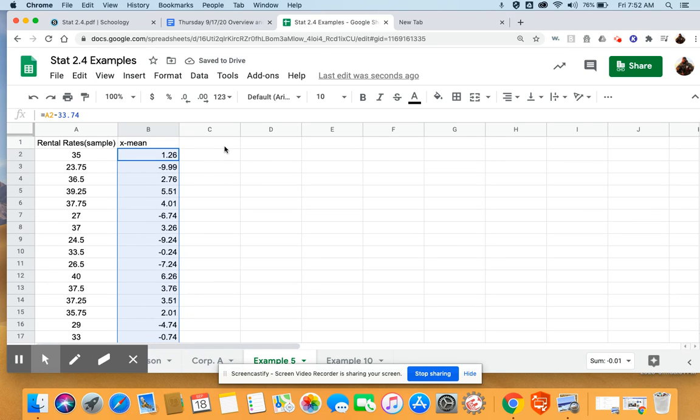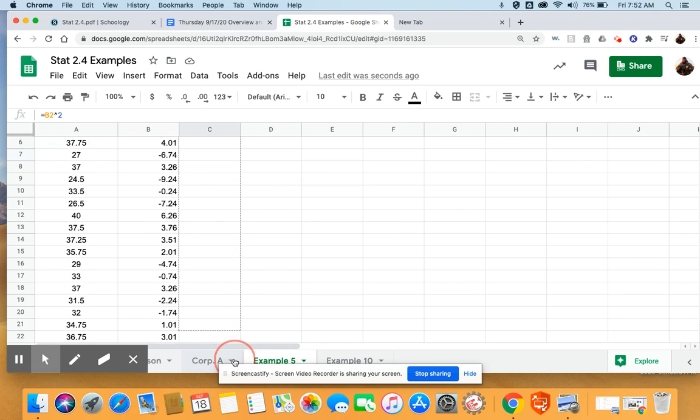Good. Next, we're going to come over here and we're going to take that same number we just calculated, x minus the mean, and we want to square that number. So we'll put in here equals this number we just calculated, x minus the mean, squared. Drag and drop that all the way down to the bottom.